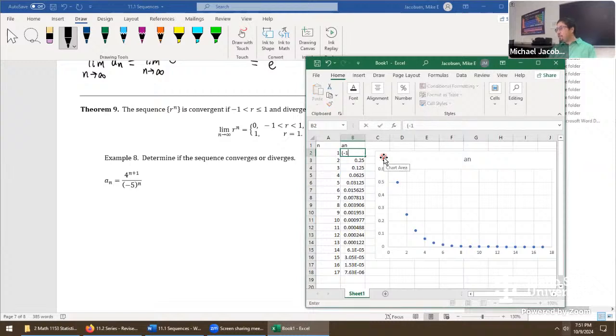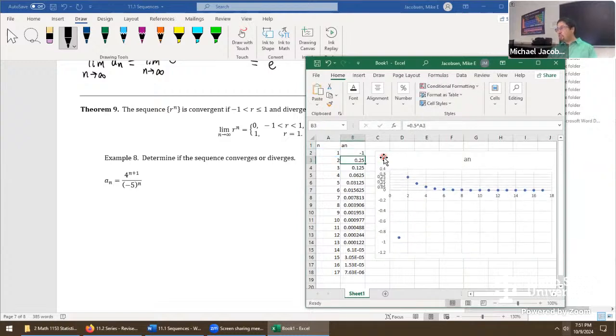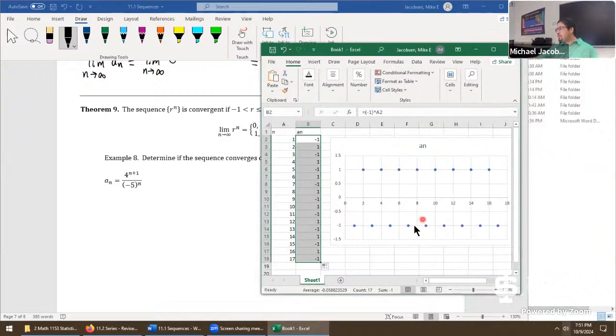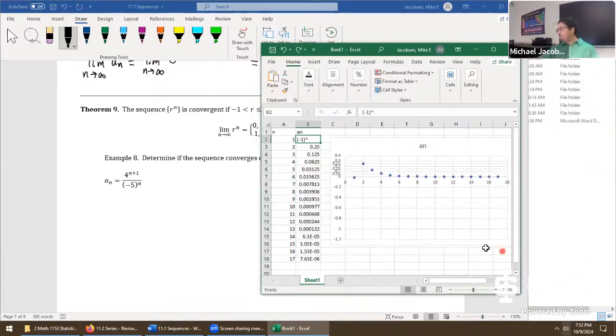Well, if you put -1 here, equals -1 to the power of this value to the left, double click to update everything, then this is what you're left with. It turns into a sequence where you get either a +1 or a -1, and this is divergent because the dots are not getting close to anything, like it was in this example.